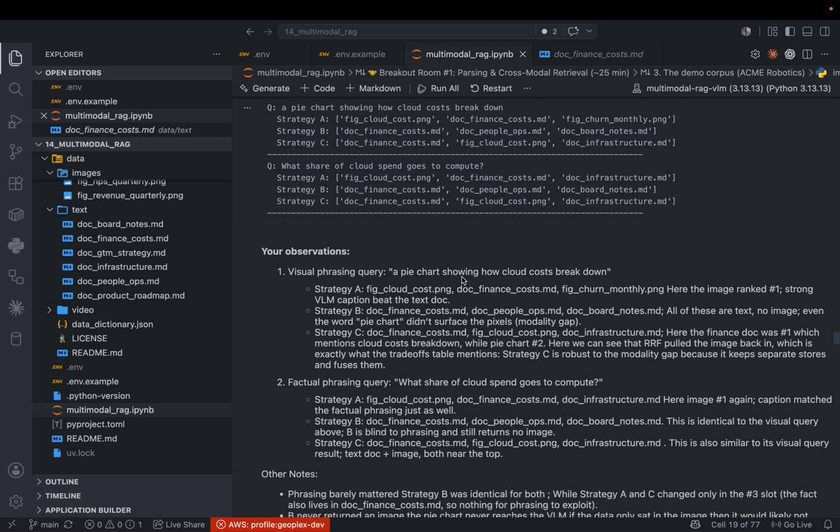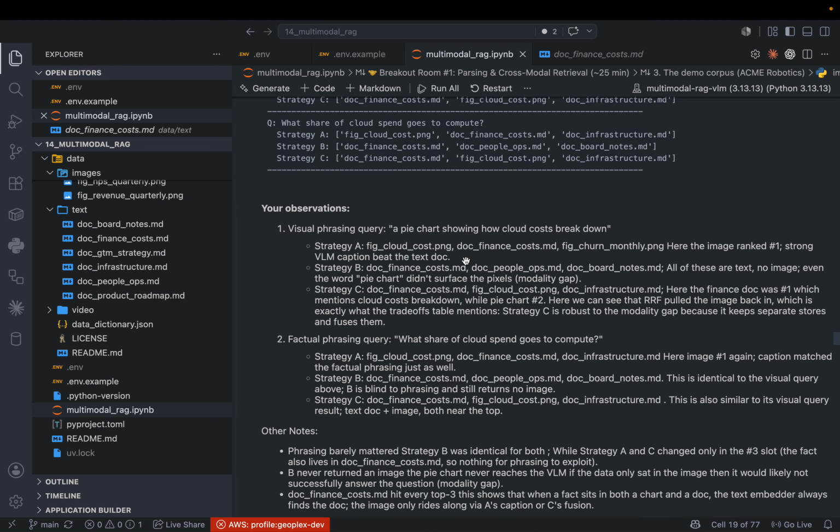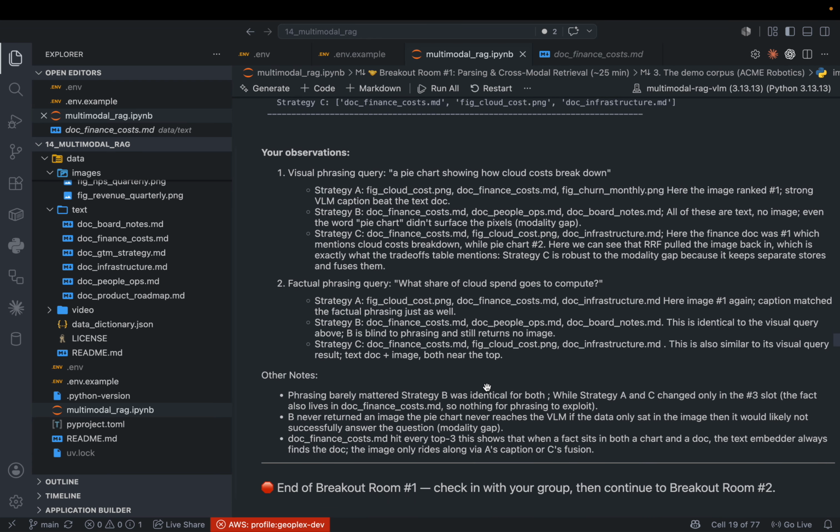So this is again the modality gap that happens when using strategy B, where both the images and the text exist in the same space, and so there's always this favoring towards text just because the match is so much better.